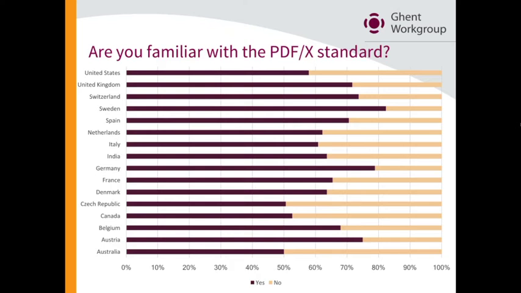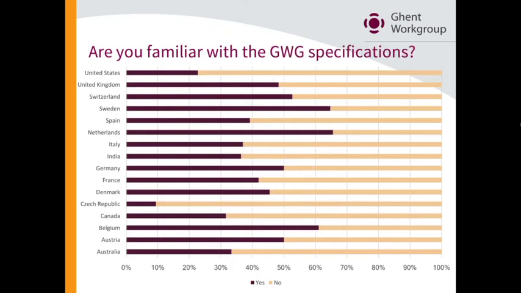When you look at the Ghent Workgroup, the situation is slightly different, and that's what we all would have expected. The Ghent Workgroup specifications are much better known in the countries where historically the Ghent Workgroup started and where we have user associations that very actively advertise knowledge about the workgroup. People who go and speak at events, people who do webinars for their company, all those kinds of initiatives.